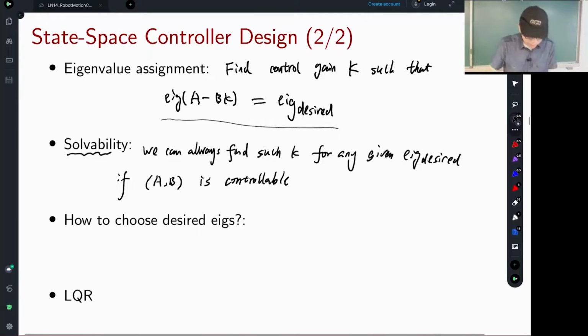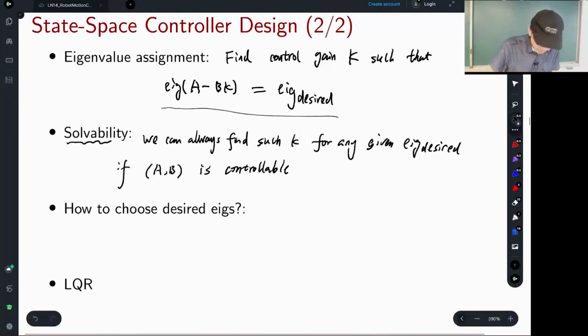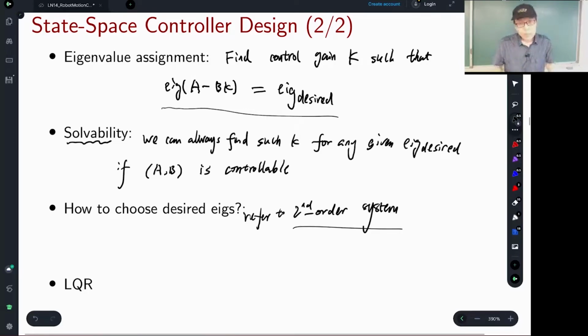And how to choose the desired eigenvalues? Well, we'll refer to the second order system.